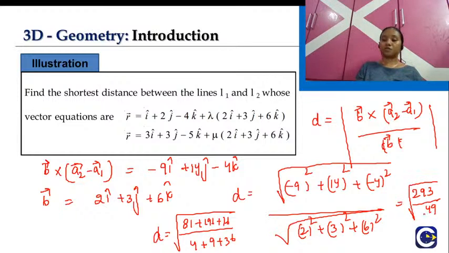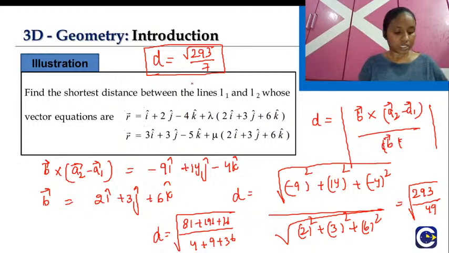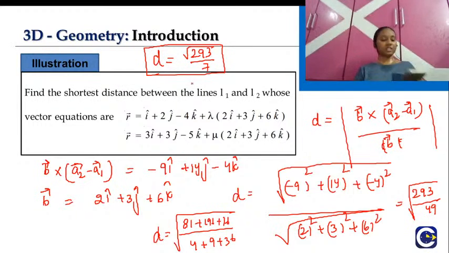So our 49 we can take as square root 7, where my distance d will be equal to root over 293 by 7. So in final, the shortest distance between the given two parallel lines is nothing but root over 293 by 7. Yeah, okay, Shivaranjani got it. Even Siddharth has given the answer. Okay, fine. So we use the formula and find the shortest distance between any line segments.